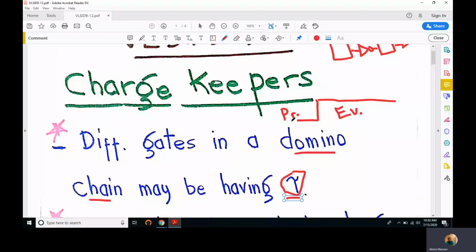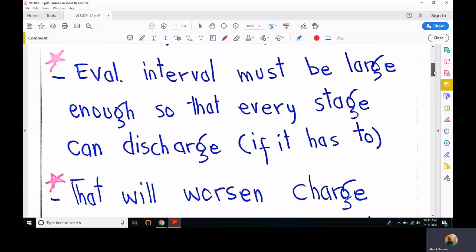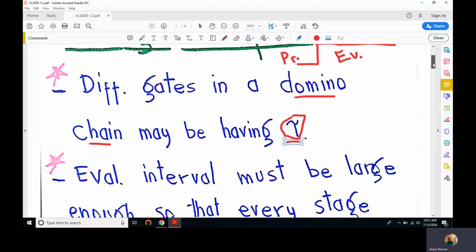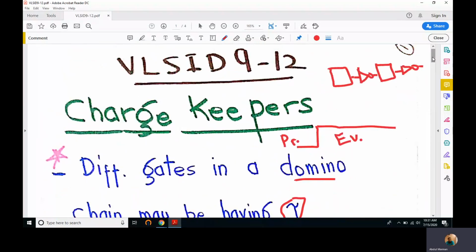And we have also studied in lectures 9 and 10, two lectures before, that if we have a large value of evaluate interval, we come across charge leakage and charge sharing problems. So having a larger evaluate interval has both its advantages and disadvantages.